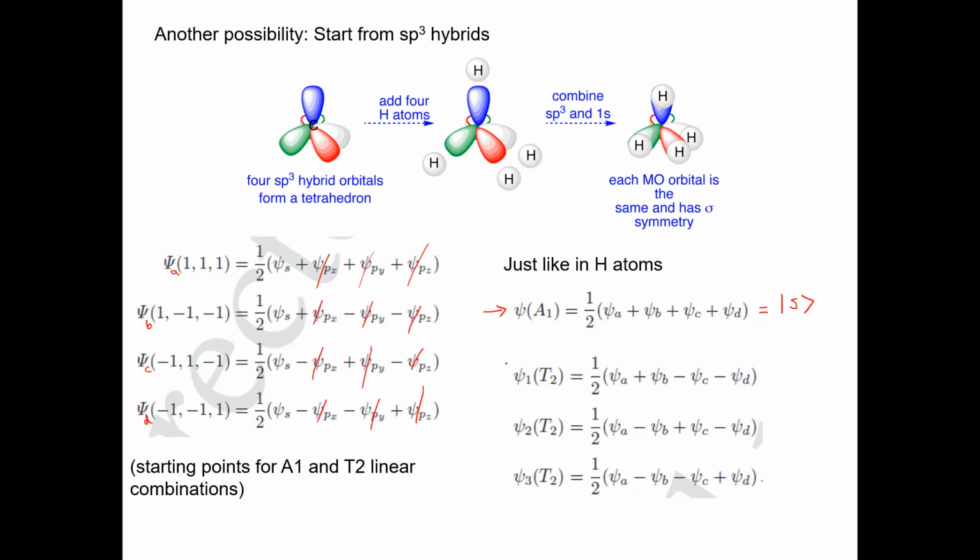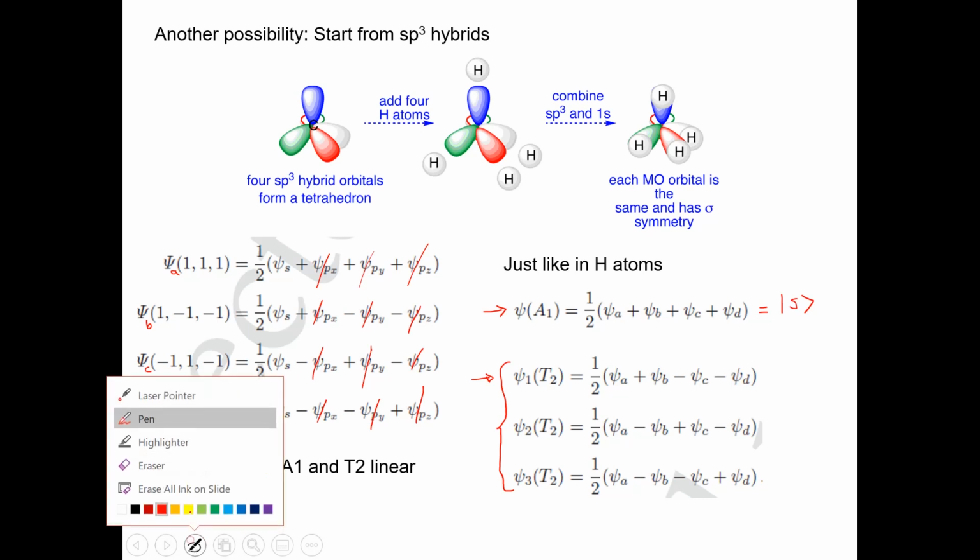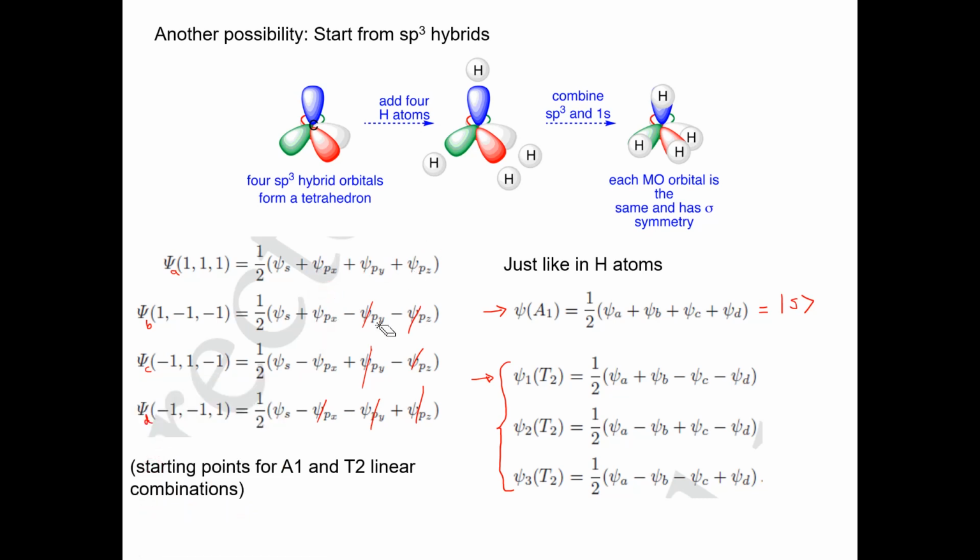So this is for the T2 representations, the 3 partners. Let's see this guy right here: psi A plus psi B minus psi C minus psi D. And in this case, you can see that I cancel the s orbital, right? Because I have a plus sign in the first 2, minus sign in the other 2. So this got canceled, and in the end you can see that Py and Pz are also cancelled, and I only have Px.